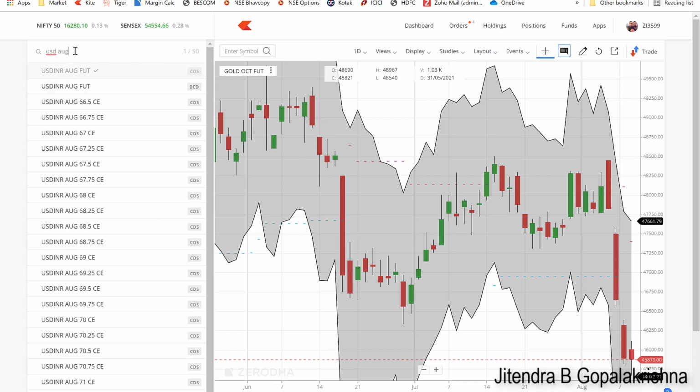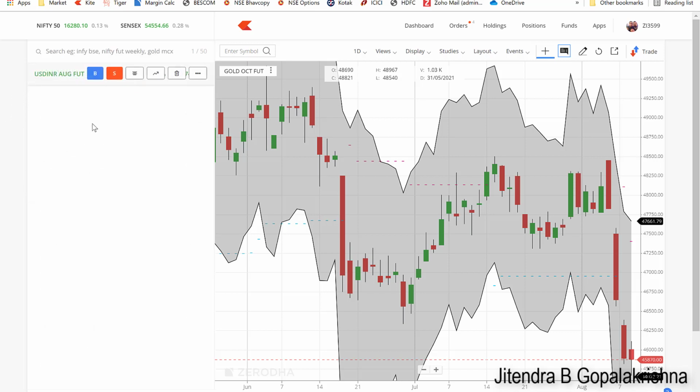If I type August, I also will see here CE and PE. Currently the USD is trading at 74.51 rupees. So Indian rupees versus USD is at 74.51. That's what it means.